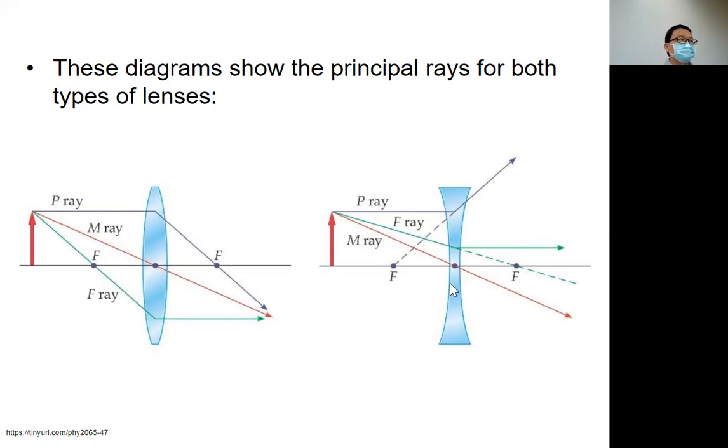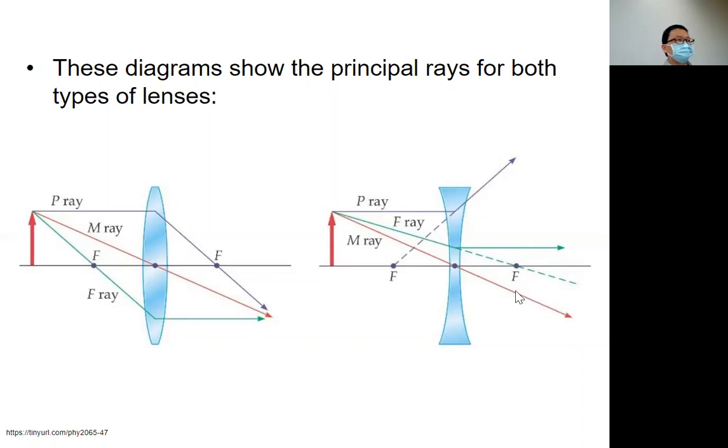Similarly, for a concave lens, if you have an object over here, the P ray, parallel to the axis, will be refracted in that direction and appears to be coming from the focal point on this side. The F ray appears to go through F, the focal point, but it will be refracted parallel to the axis. And the mid ray will just go right through.